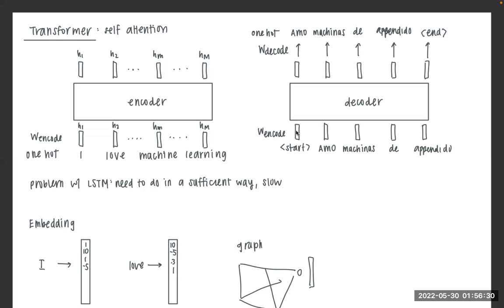So therefore, again, at each time step you generate a vector, right? The initial vector is the embedding of the previous word, and then you send this to the decoder.